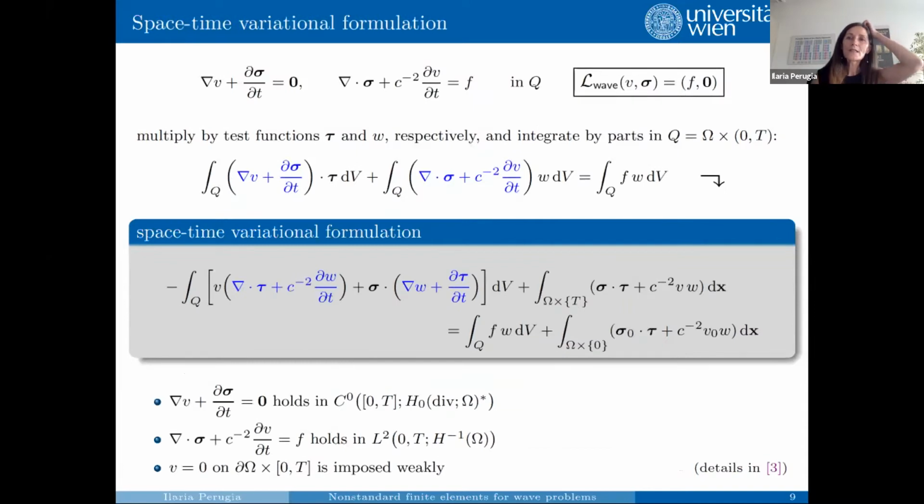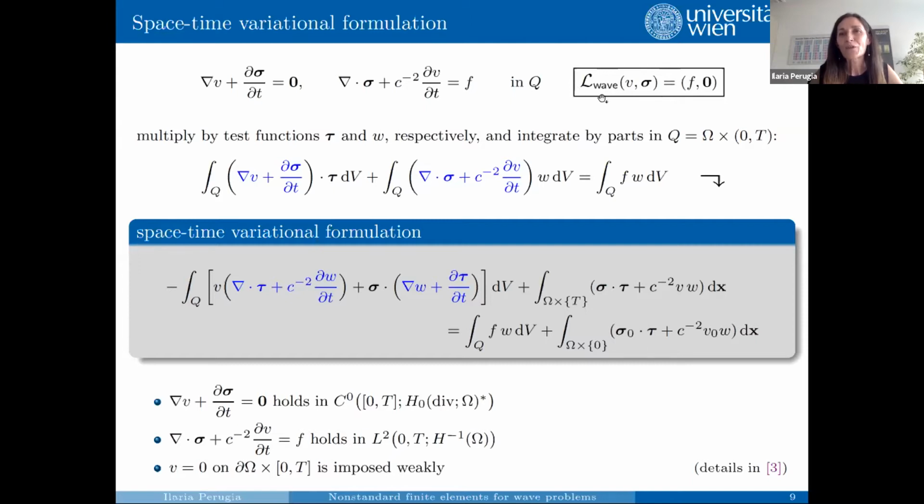So I want to use space-time finite elements, which means that I need to start from a space-time variational formulation. Here I copied my two first order equations for my system. And in the following, for brevity, I read that as the wave operator applied to v and sigma is equal to F0.